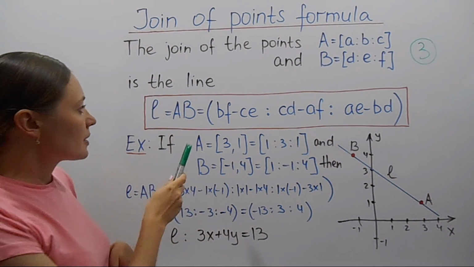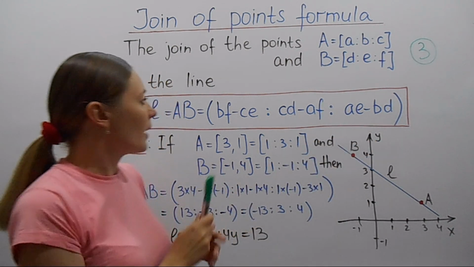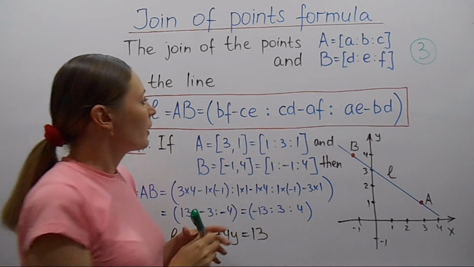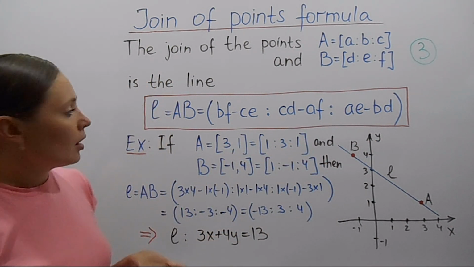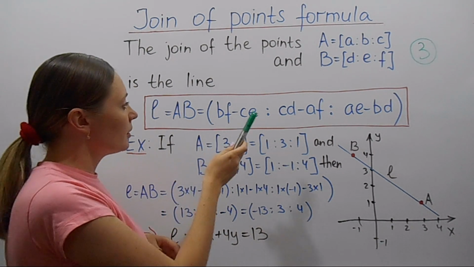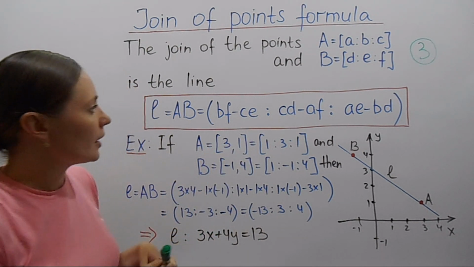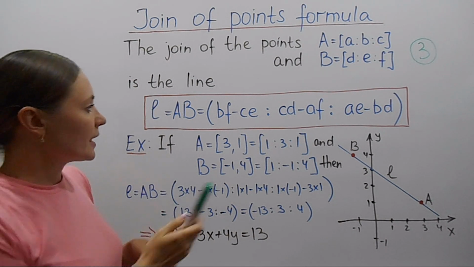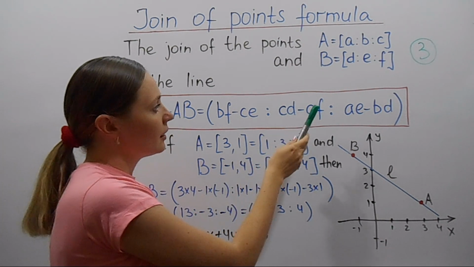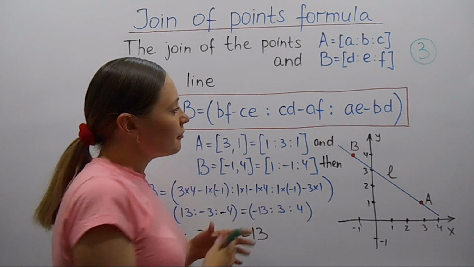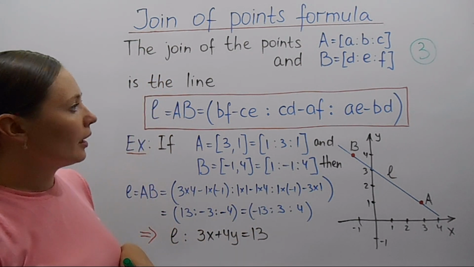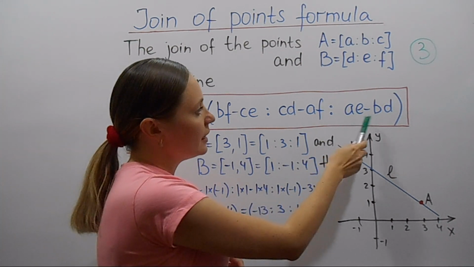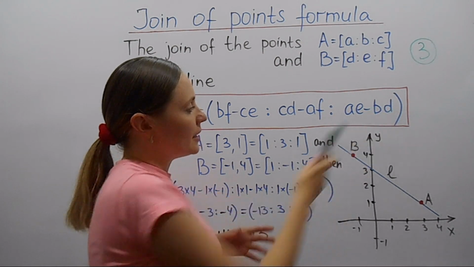You see this by these round brackets, and there are 3 entries. The entries are BF minus CE, that's the first entry. The second entry is CD minus AF. And the third entry is AE minus BD.